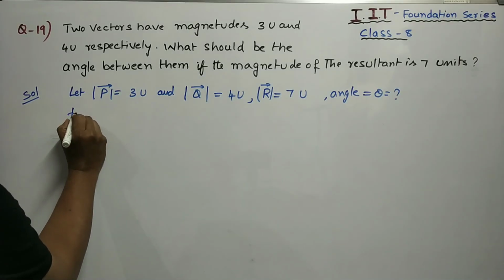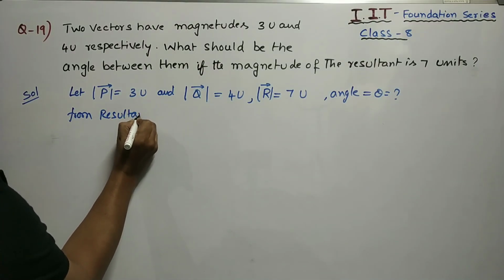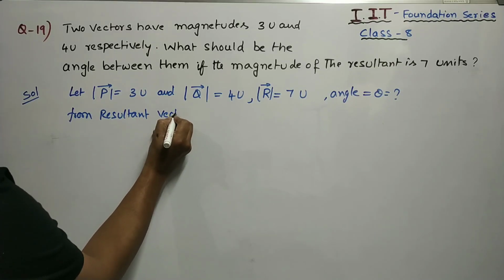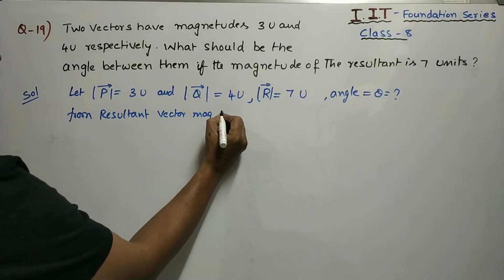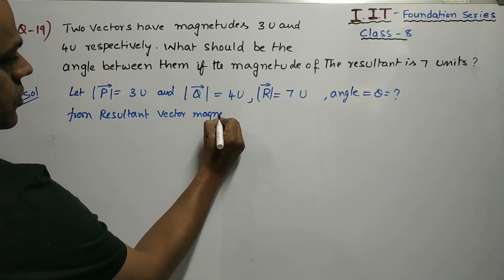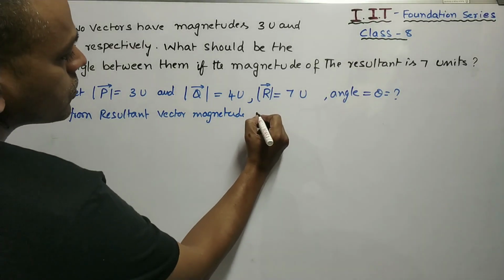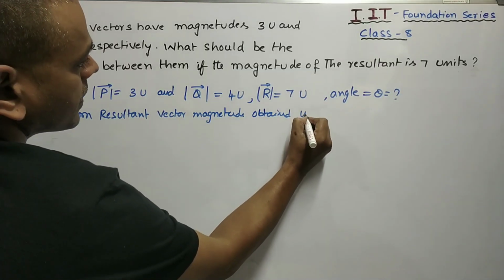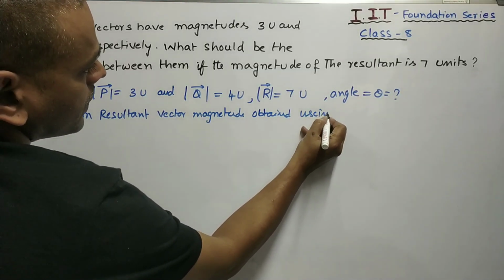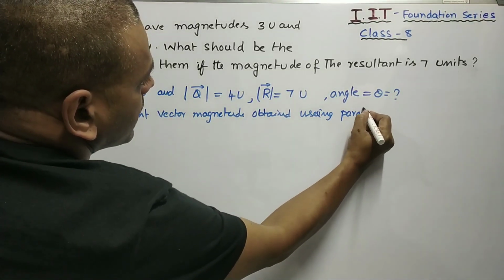So, from the resultant vector magnitude, obtained using the parallelogram law of vectors.